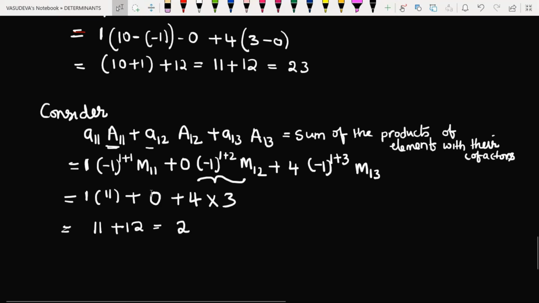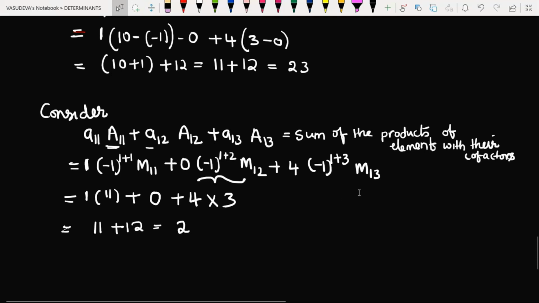Just go back and find the minor of an element and write here. And 0 into minus 1 to the power of 1 plus 2 into M12; 0 multiplied by anything is 0, therefore I have written 0. And 4 into minus 1 to the power of 1 plus 3, that is minus 1 to the power of 4, an even number, so plus, into M13.